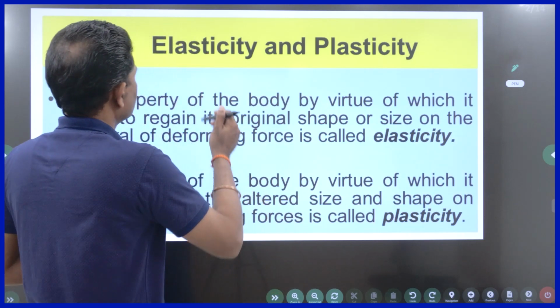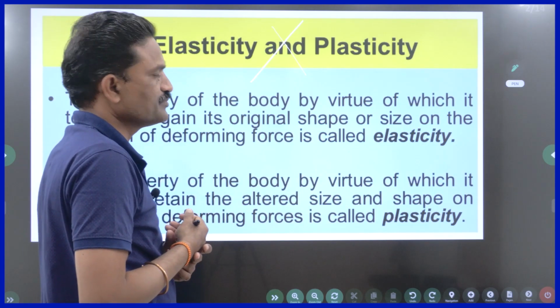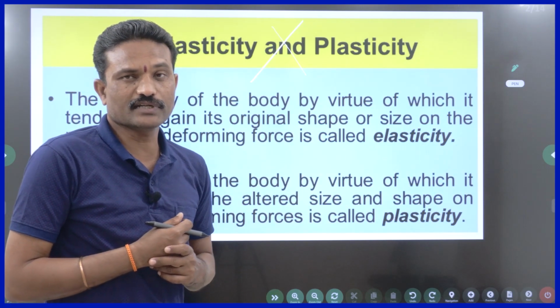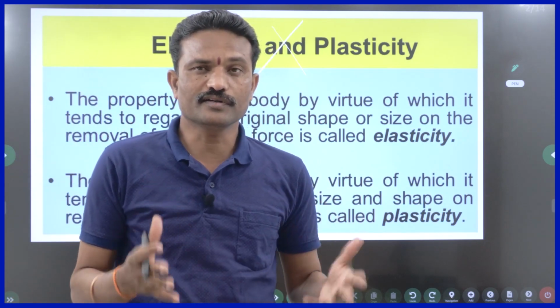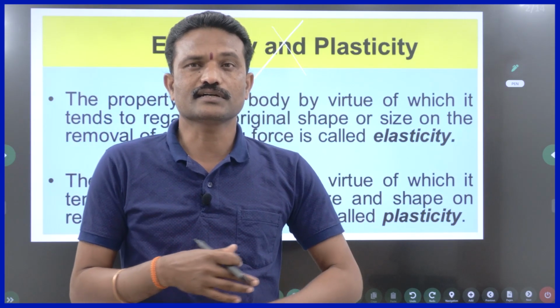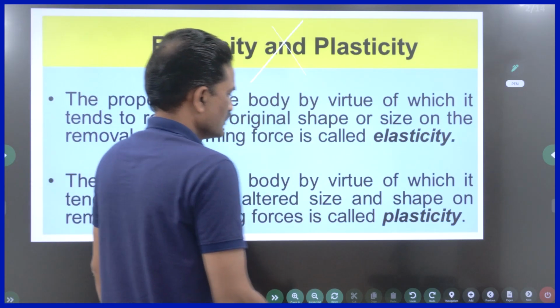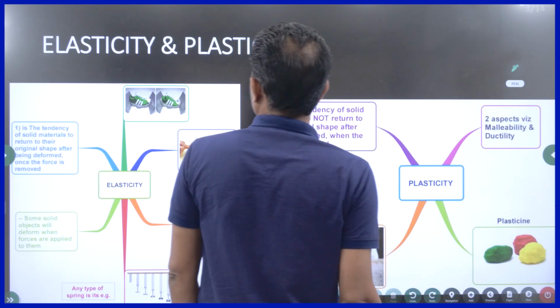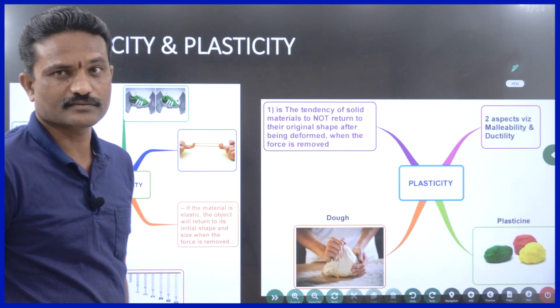Just now I told you, elasticity and plasticity are antonyms to each other. The object which shows this elasticity is called an elastic object. The one which shows the plasticity is called a plastic object. Is this clear? Right. Now, which is the best 100% elastic and which is the best 100% plastic?